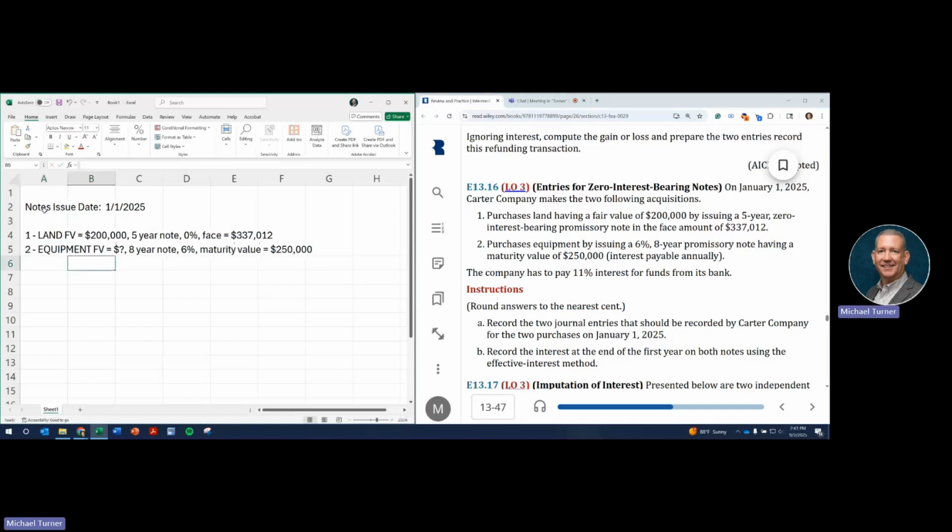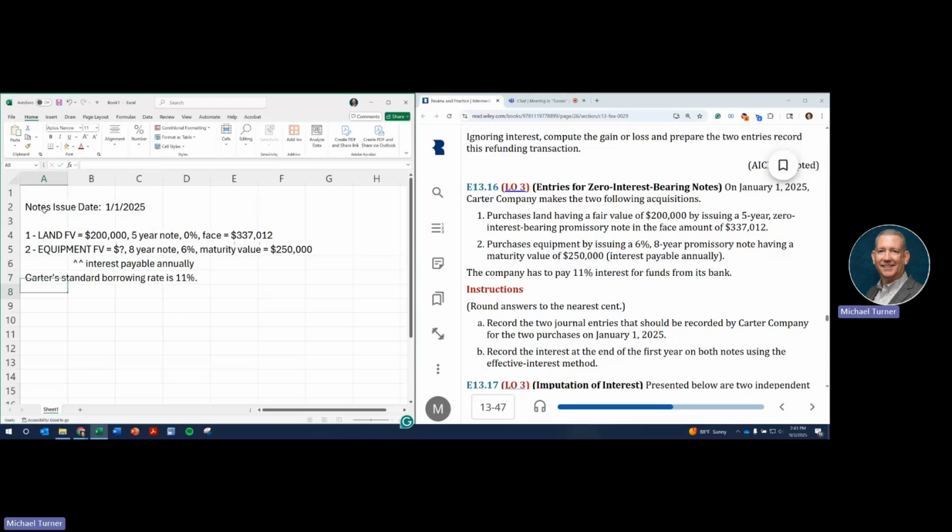And we also note for this note, interest is payable annually. The last piece of information we have is that the company has to pay 11% interest for funds from a bank. So we are Carter, our standard borrowing rate is 11%.